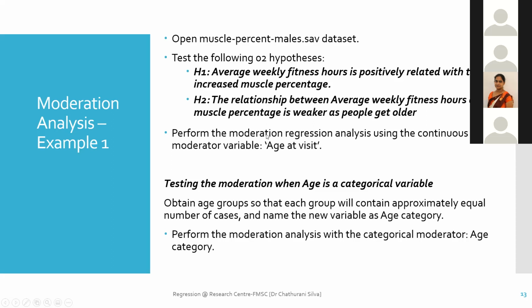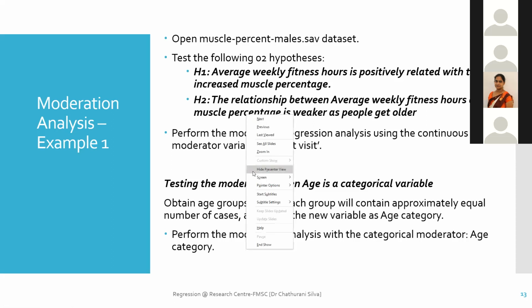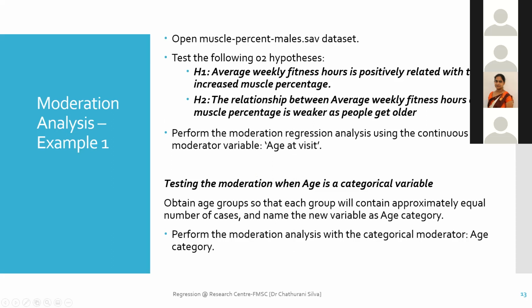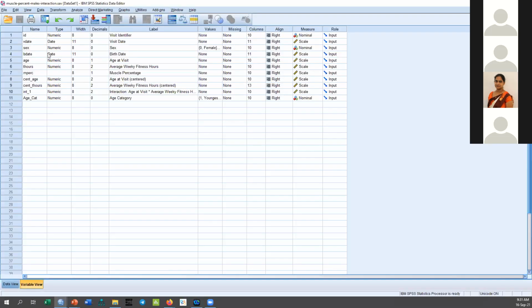Perform the moderation regression analysis using the continuous moderator variable, age at visit. They have considered the age when people visited the clinic or this program. So age at visit is another variable. Actually, they have not collected age using groups.